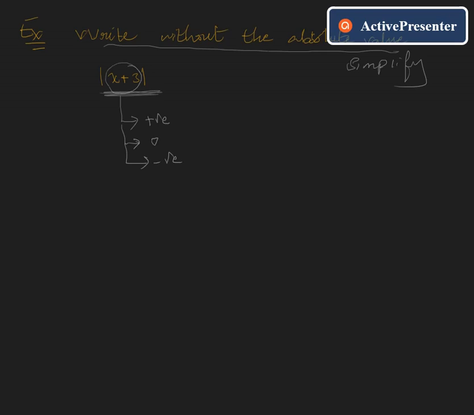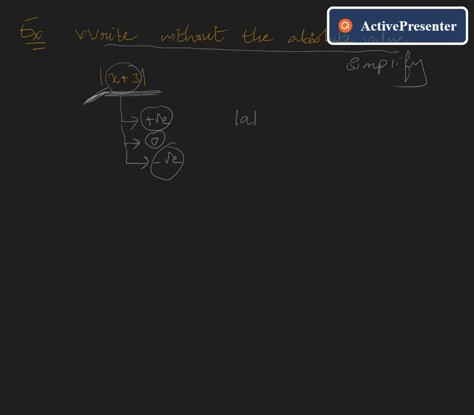How can we answer this question unless we know what is inside here? We have to know whether it is positive, 0, or negative. Why is that? Because the absolute value definition depends on that.